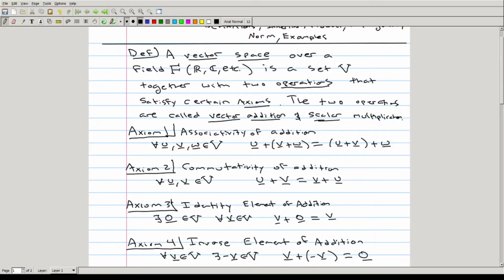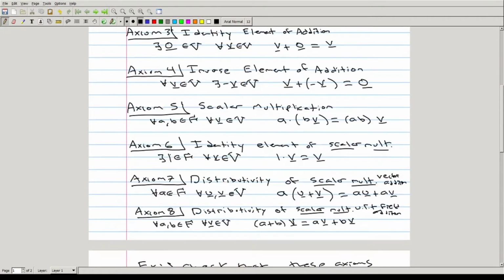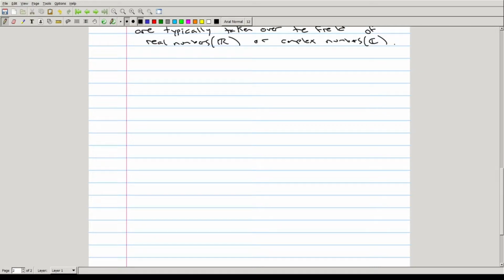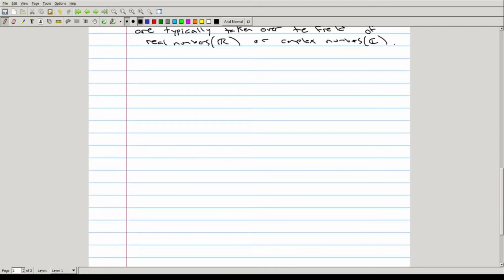So this space, the set V, can be any kind of set as long as it satisfies the axioms inherently defined for the vector space. Rn or Cn is a vector space, and you can go through and verify the axioms for either of these two spaces. That'd be a very good exercise.